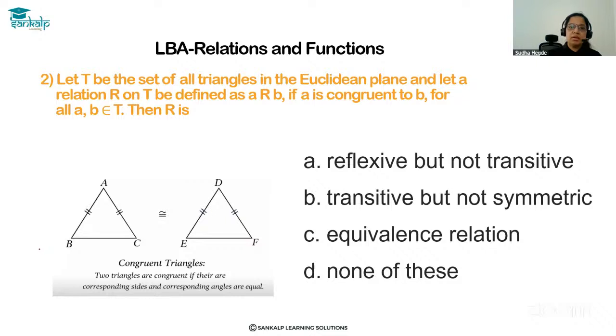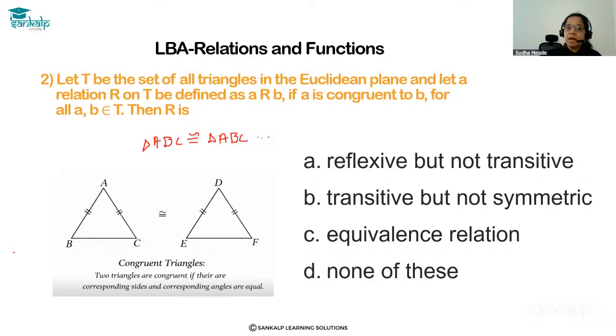Since all the angles and all the sides of ABC are equal to all the sides and all the angles of ABC, triangle ABC is congruent to itself. Triangle ABC is congruent to triangle ABC itself.